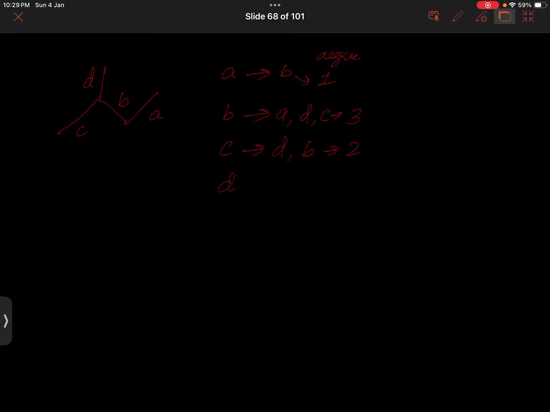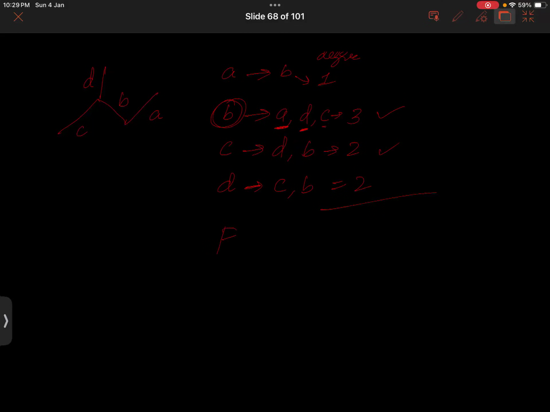Then another edge D. D is attached to C and also B. So B is attached to A, D and C. Correct. So for D, it is attached to C and B. So therefore its degree is 2.